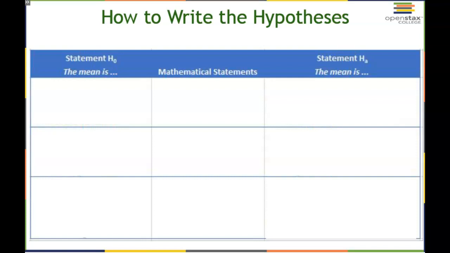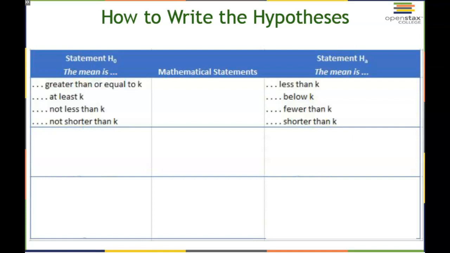So let's take a statement like for H0, the mean is greater than or equal to k. The HA statement would be the mean is less than k. If the H0 statement is the mean is at least k, then the corresponding statement for HA would be the mean is below k. And I'll do one more.